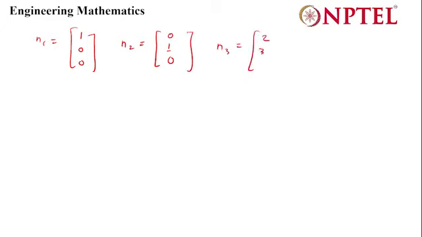I'm giving you one vector 1 0 0, another vector 0 1 0, and another vector 2 3 0.